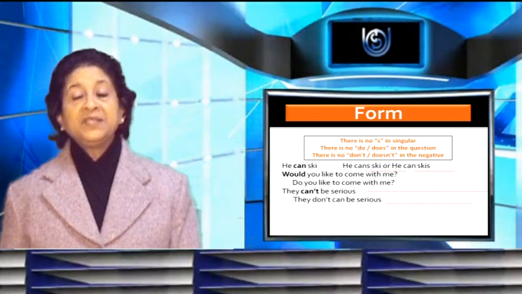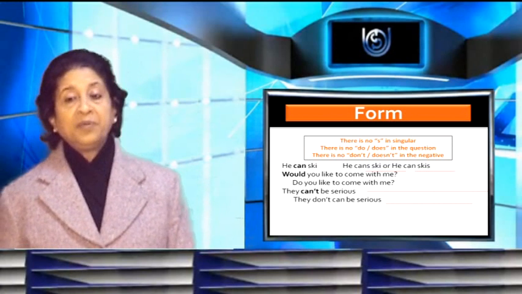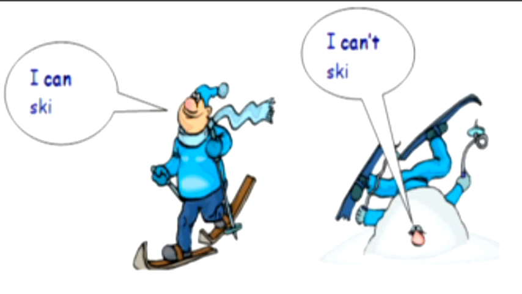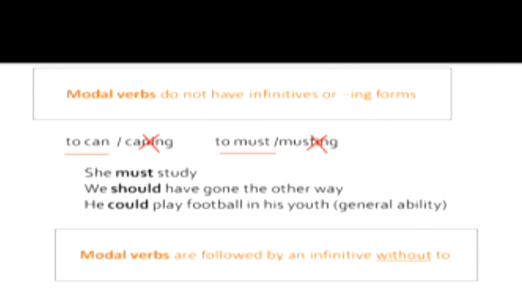"They cans be serious" is wrong. They can't be serious is right. So we don't need extra verbs. I can ski, I can't ski. Can is the modal which is independent, sufficient enough to complete a sentence. We don't need any other helping verb or any other verb with it.